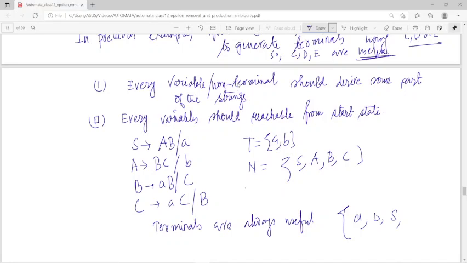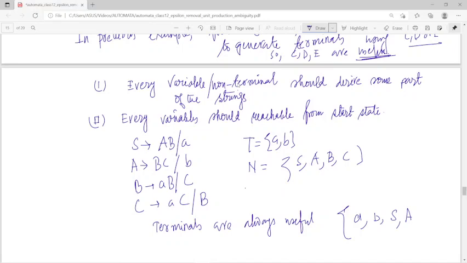So we can include this A. Now there is no way to generate strings from B or C, right? Because from B we are generating C or AB, and from C we are generating AC or B.